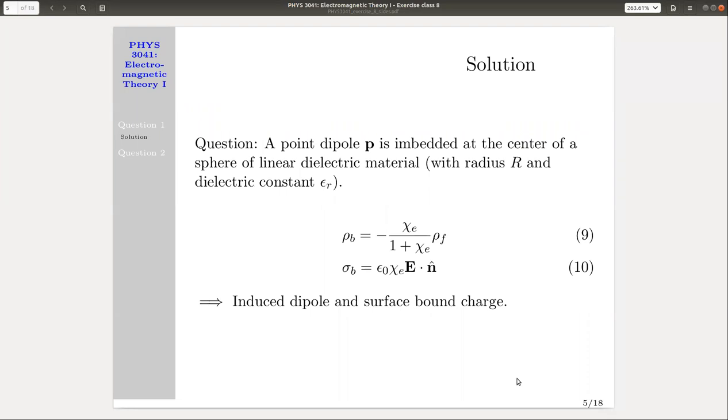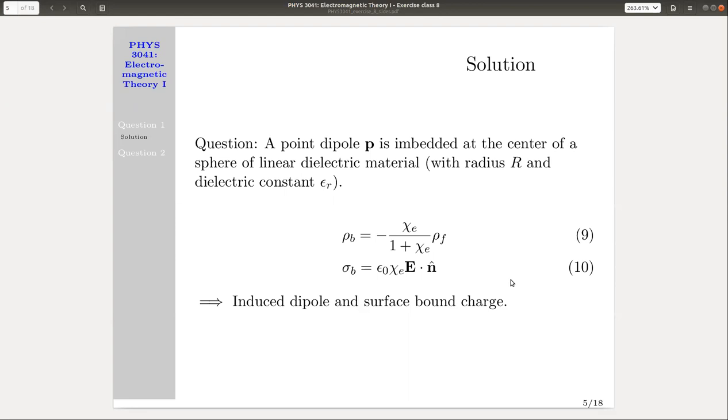After getting how the bound volume charge is related to the free charge density, we can just recall that in the question we have a point dipole, which is the free charge in our system, and therefore there will be some induced charge density due to the presence of this embedded point dipole.